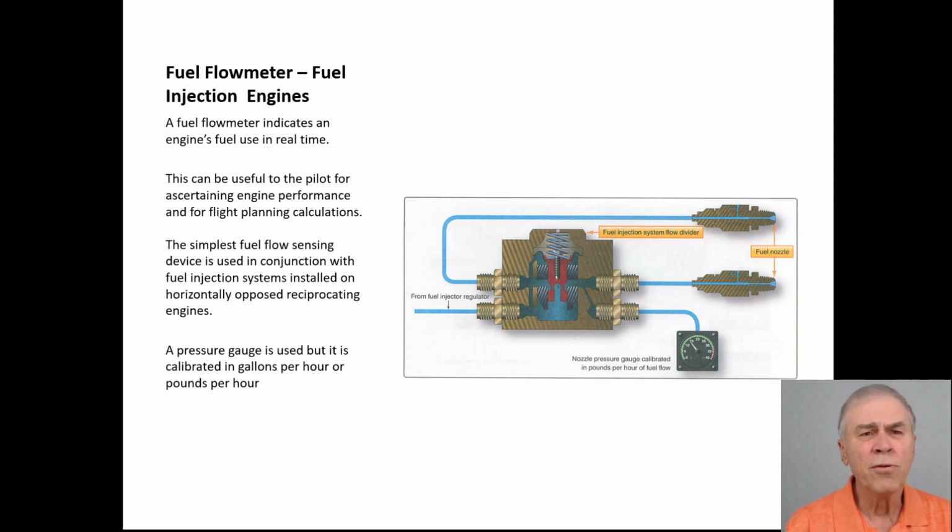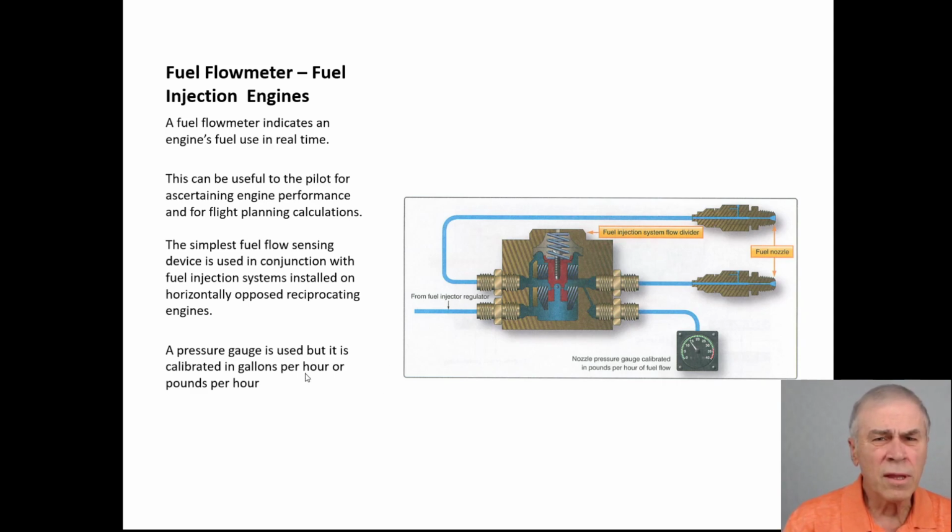The simplest fuel flow sensing device is used in connection with fuel injection systems installed on horizontally opposed reciprocating engines, which is our most common aviation reciprocating engine, the horizontally opposed. There is a fuel flow sensor.